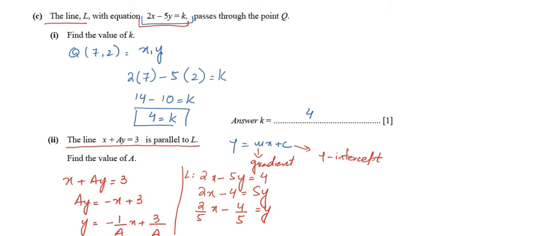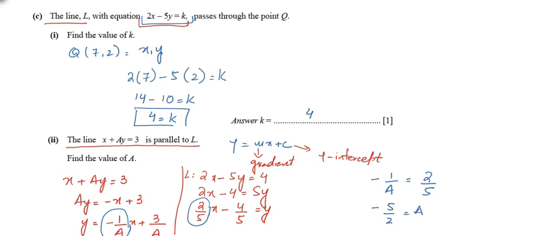Here the coefficient of x is minus 1 upon a, and here the coefficient of x is 2 upon 5. Now we equate these two, as the lines are parallel.